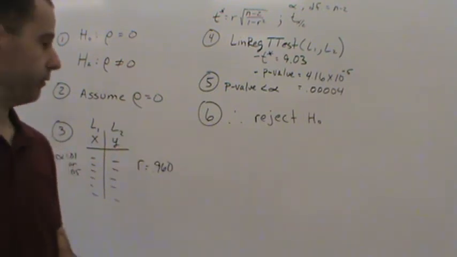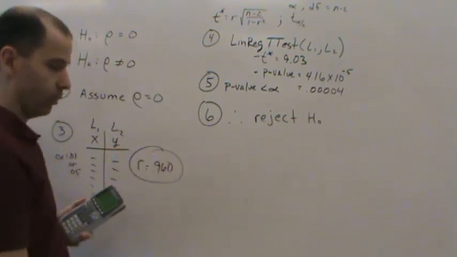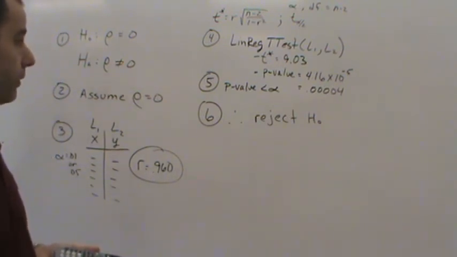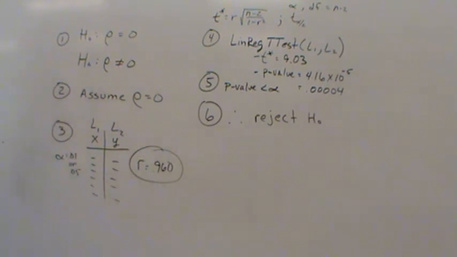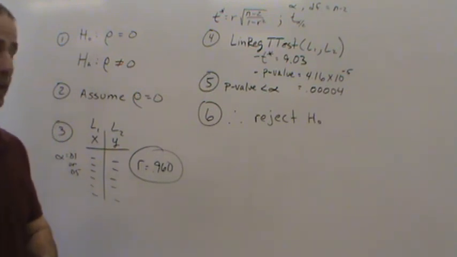Slightly off, because we were rounding here, but close enough. So it works. That's how we do a test for the significance of correlation.